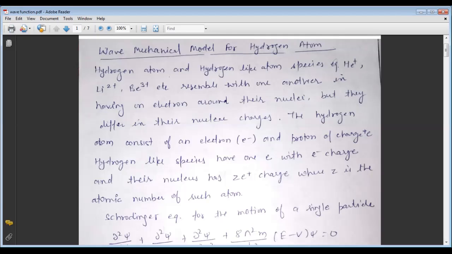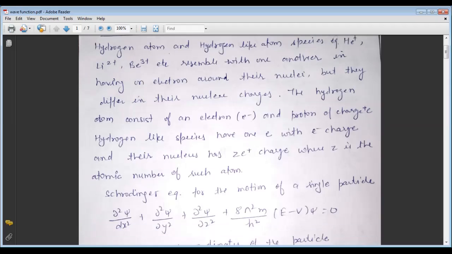So the hydrogen atom consists of an electron and a proton. The hydrogen-like species have one electron, and the nucleus has Ze positive charge, where Z is the atomic number of such an atom.